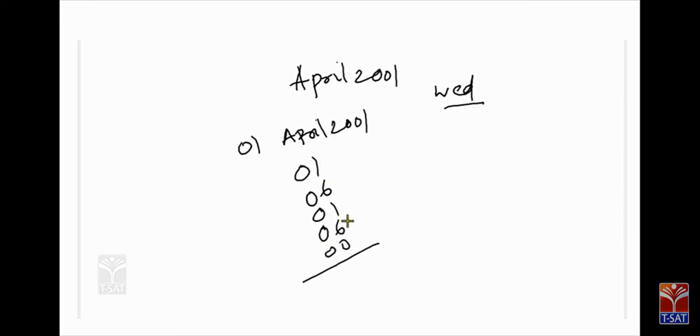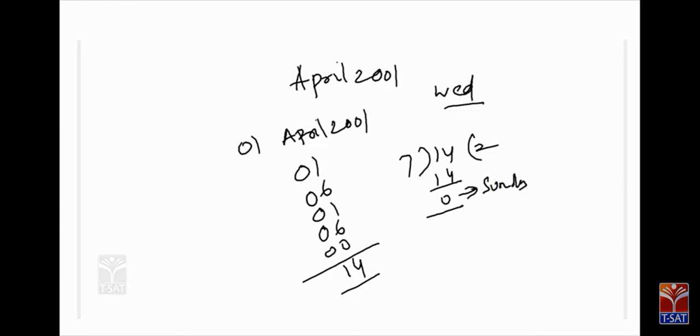So you have to add 6 plus 6 is 12, 12 plus 2 is 14. The total sum is 14. 14 divided by 7, 7 twos are 14, 0 is the remainder, meaning Sunday is the answer. 1st April 2001 is a Sunday.